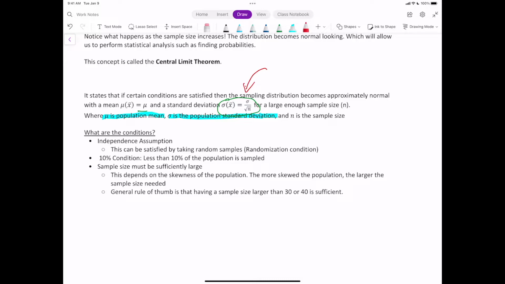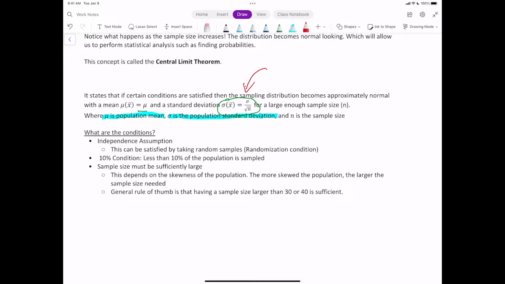So what are these conditions? The conditions are pretty straightforward from what we saw in the last video on proportions. Independence: we need our data, our samples, to be independent. Once again, that independence assumption is something that you can't readily validate or verify, but you have to look at the situation and say, okay, because this outcome won't affect the other outcome, we are independent, right?